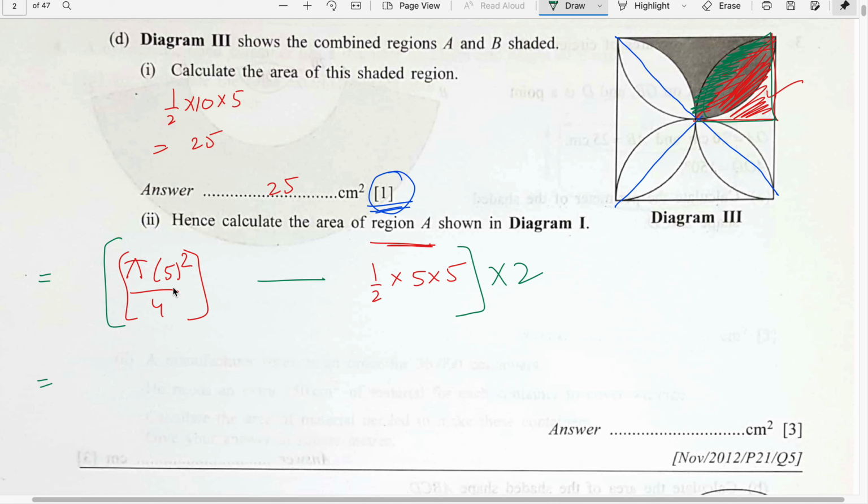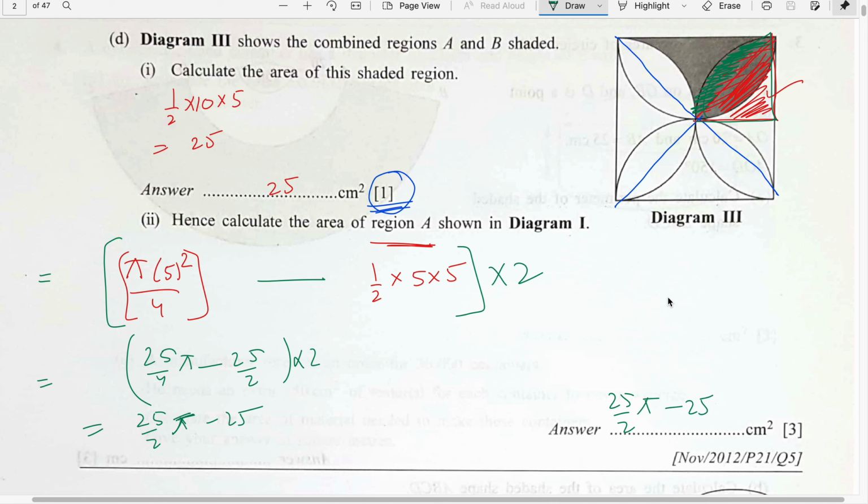And then we have the simplification. 5 times 5 is 25 by 4 pi minus 25 by 2, times 2. So this is 25 by 2 pi minus 25. That is your answer. This is P1. You always have your calculators with you. Either you write the answer in perfect form or decimals. Again, makes no difference.